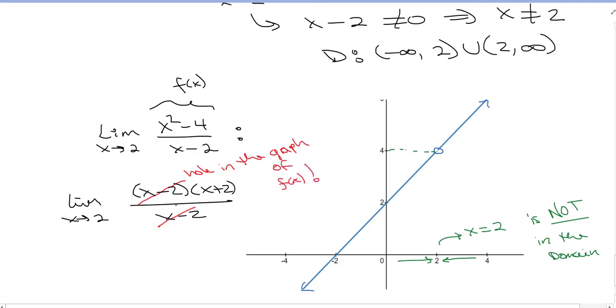As soon as you cancel off a term, that translates to a hole in the graph. Where is the hole? The hole is going to be at the x value, so x equals 2, and the limit, the y value that should be there, but it isn't. So at 2, 4 is where the hole is. Let's try another example.